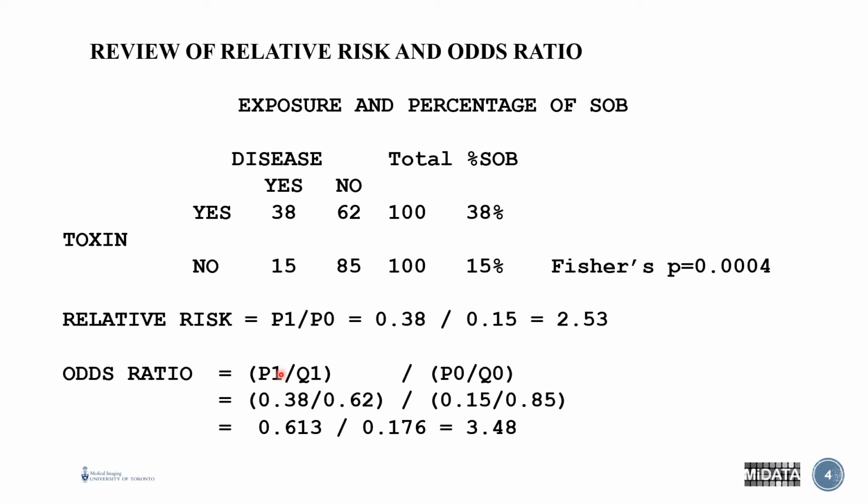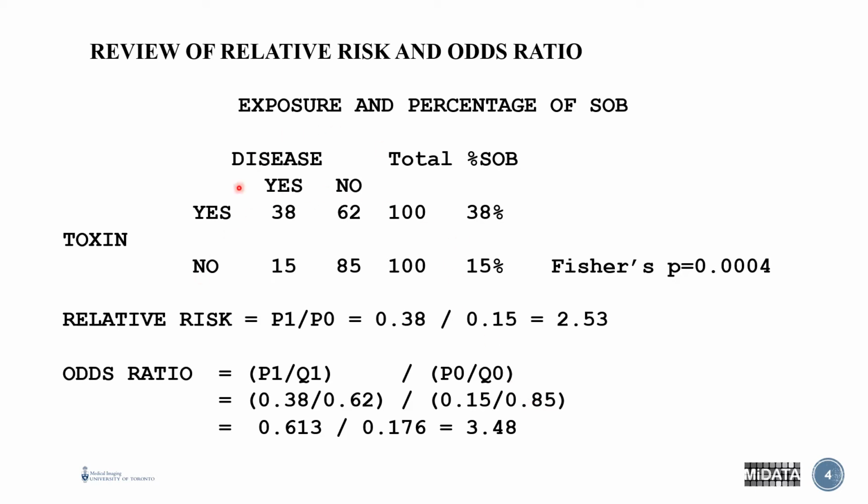You do P1 over Q1 divided by the same for when you're not exposed: the probability of disease when you're not exposed, P0, over Q0, Q naught, which is 1 minus P naught, okay? And that is going to be, in this case, equal to 0.38 over 0.62 divided by 0.15 over 0.85.